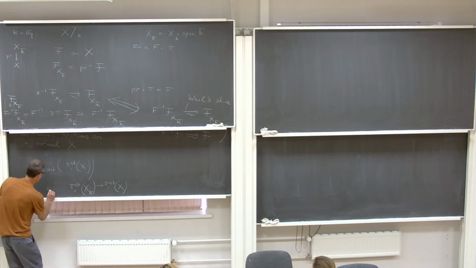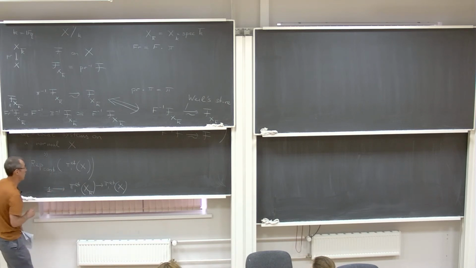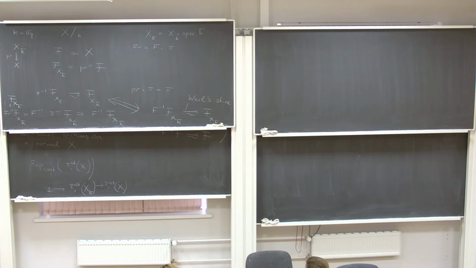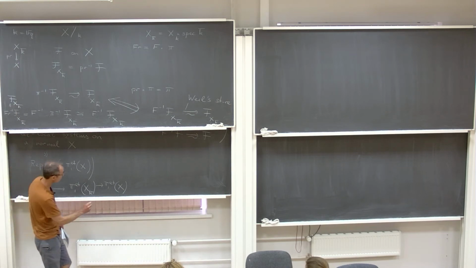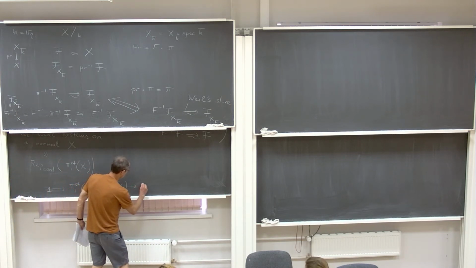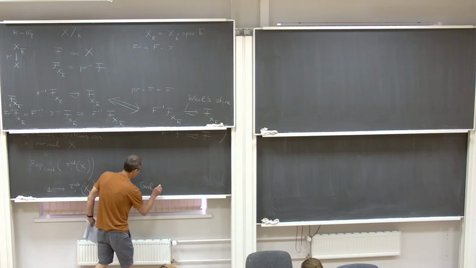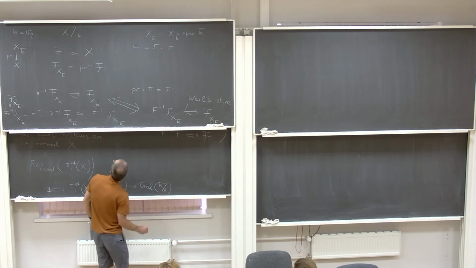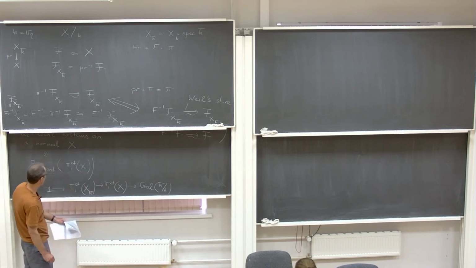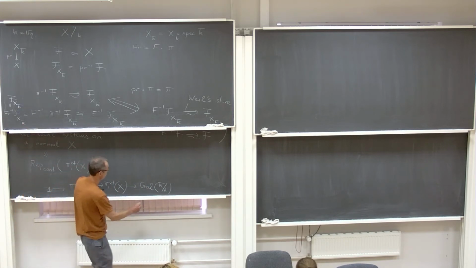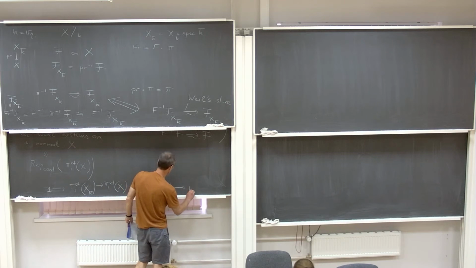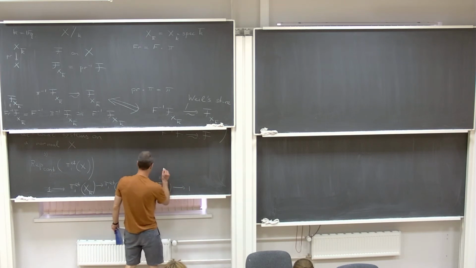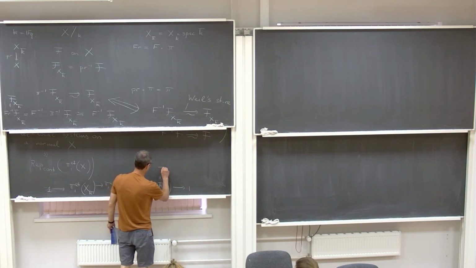We know, this was an exercise in one of the first homework assignments, that this map is injective, and the quotient is the Galois group of k bar over k, which is the fundamental group of the point, right? And in our case, this is Z hat.